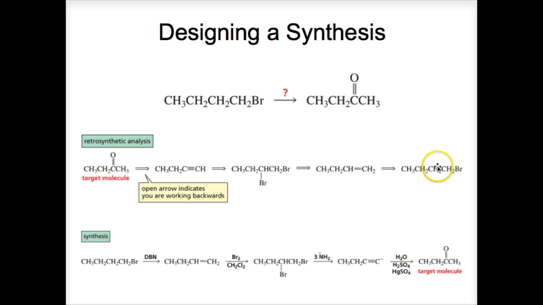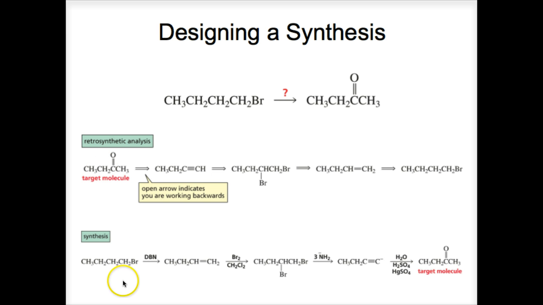So from here, we would undergo an elimination reaction, then bromination reaction, and then the formation of an alkyne, then the formation of the ketone.